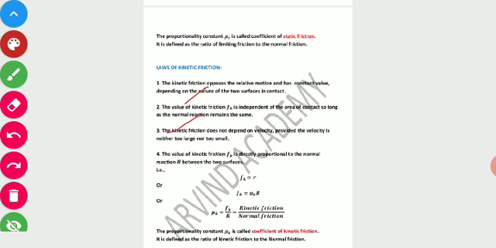Third is kinetic friction does not depend on velocity. Fourthly, it is also directly proportional to the normal reaction. Here mu k is the coefficient of kinetic friction.